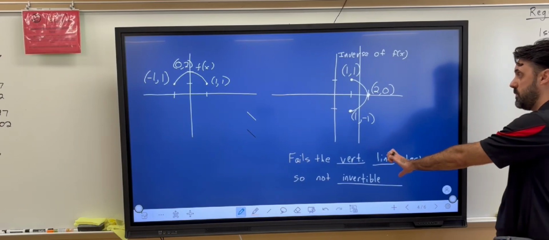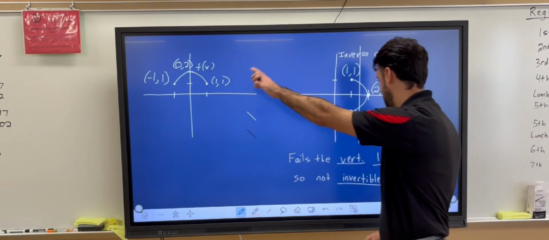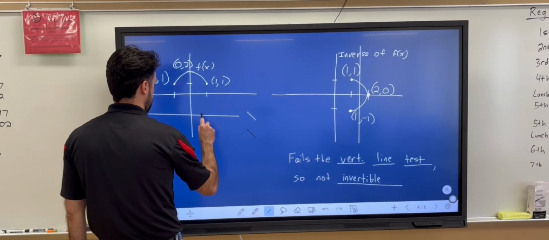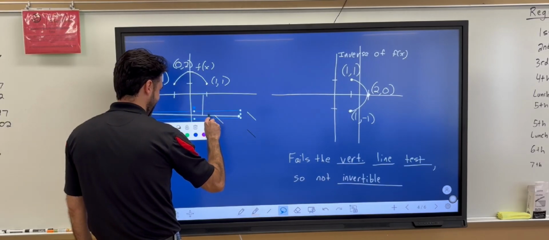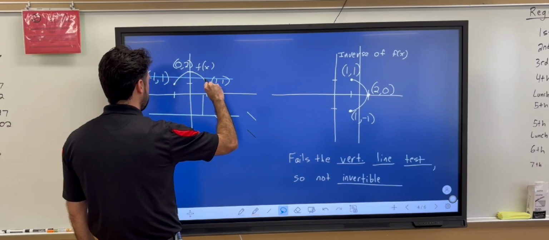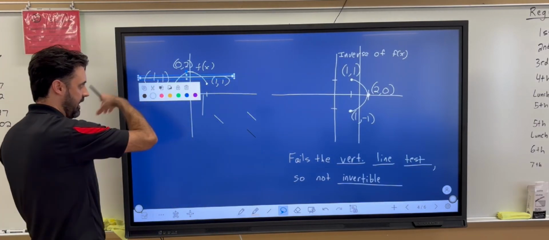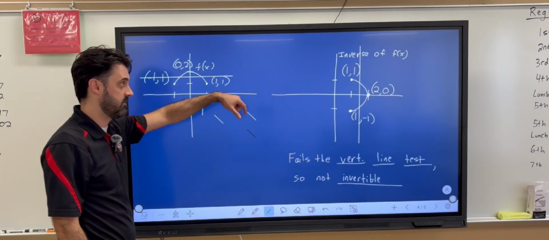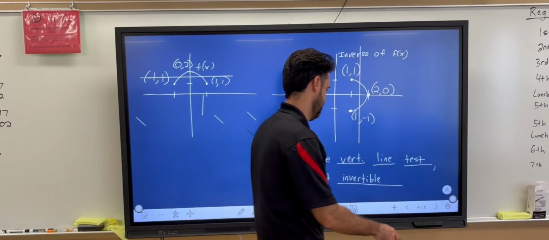Now, one way we can tell that this is going to fail the vertical line test is because on this function, if I took a horizontal line right here, it would pass through more than one point, right? If I just put it on the graph there. So if the original function fails the horizontal line test, the inverse will fail the vertical line test, meaning that it's not invertible.